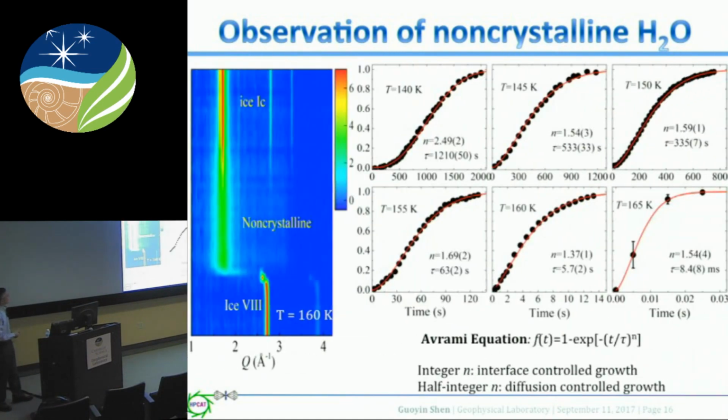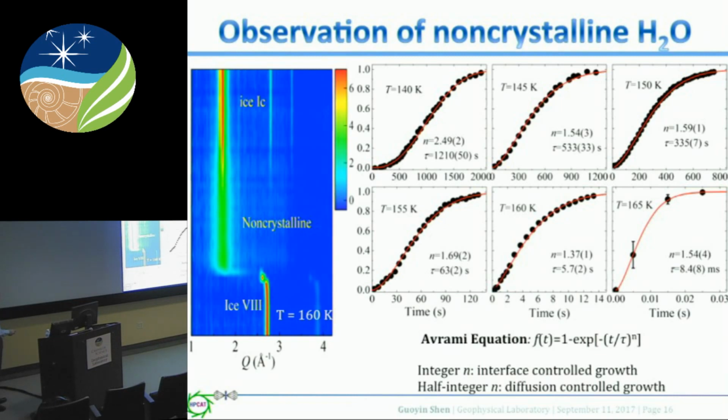As we measure the growth rate of ice 1 at different temperatures, we can fit this to a typical Avrami equation. The fits are reasonable. From this fitting, we get the characterization time, and N is the Avrami index number.